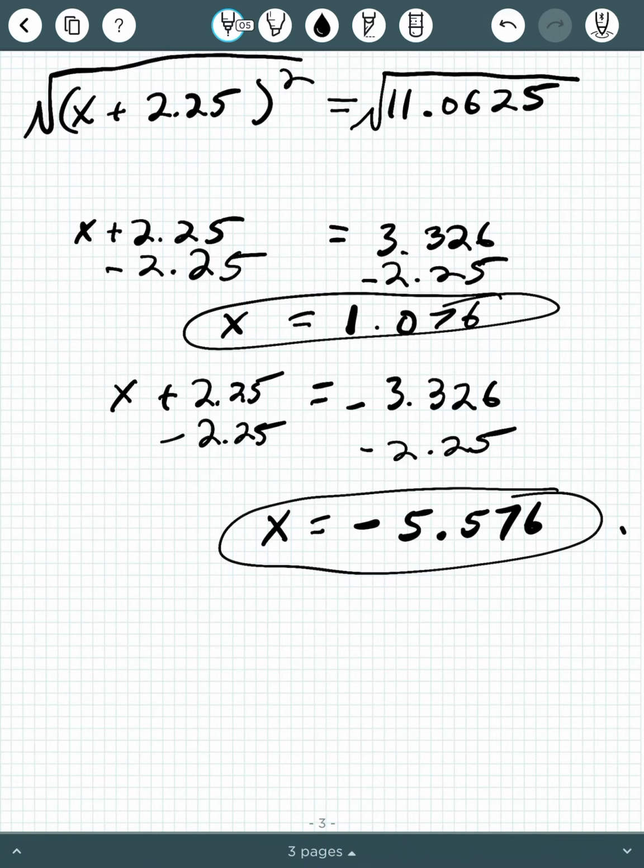Just like before, we end up with our 2 x values, which have solved the equation.